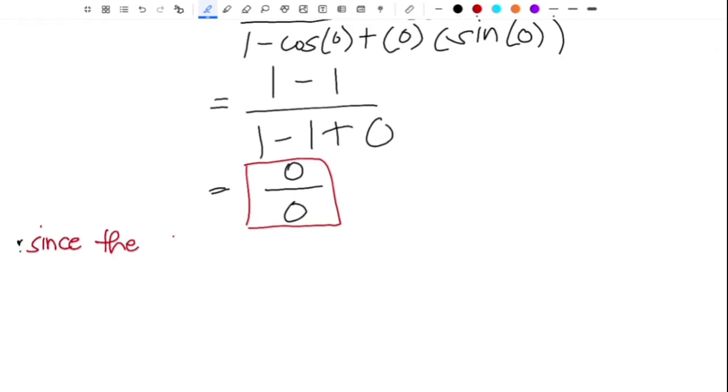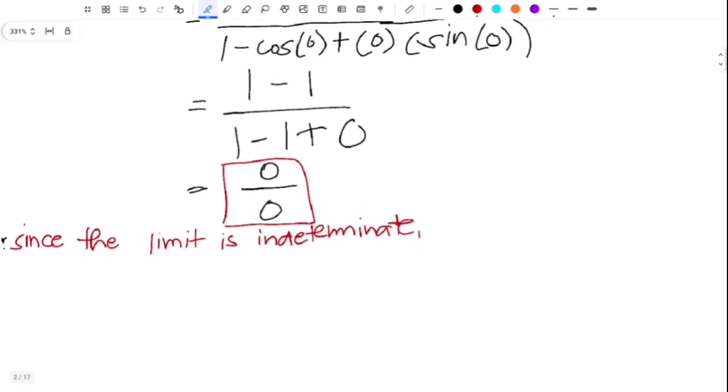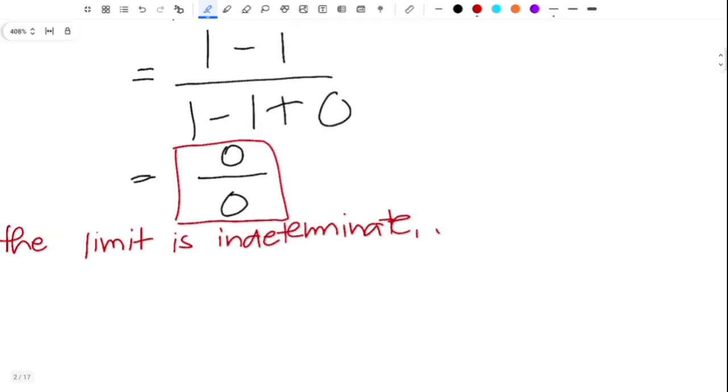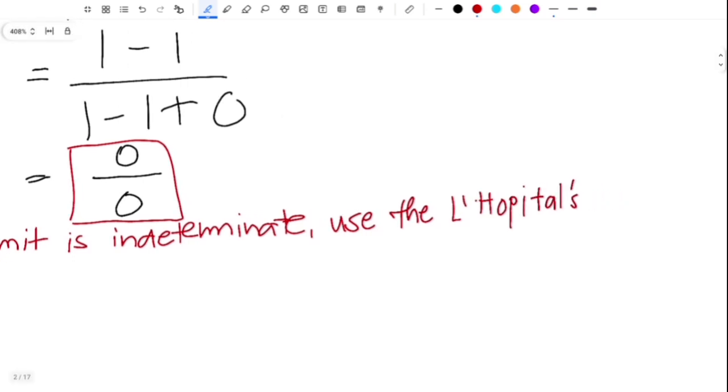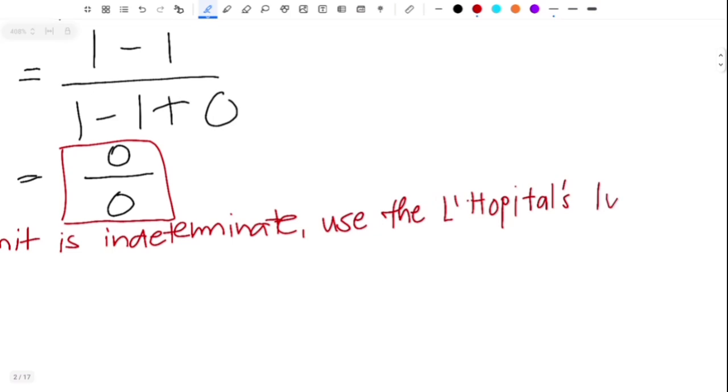Since the limit is indeterminate, use the L'Hopital's rule.